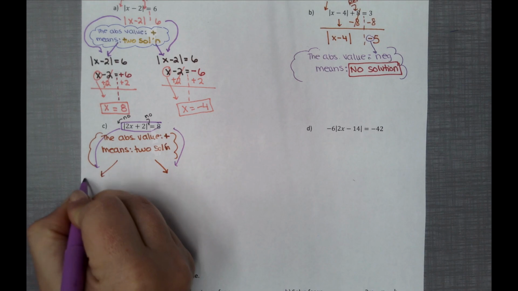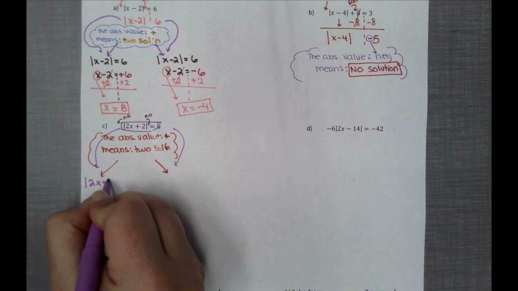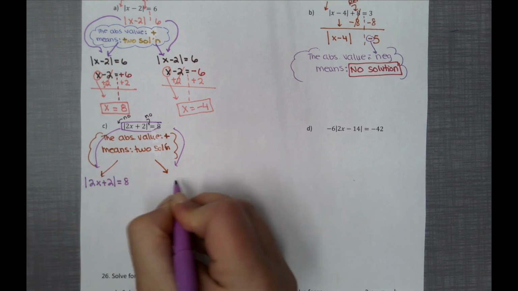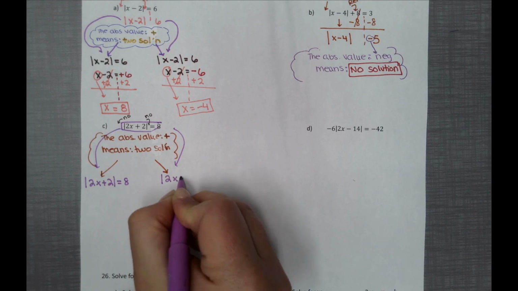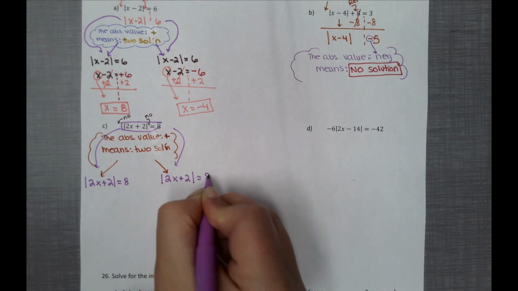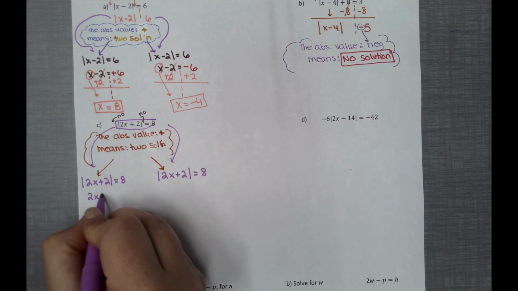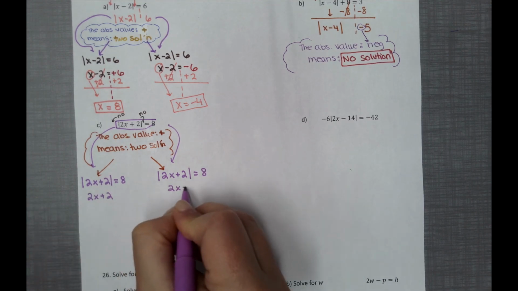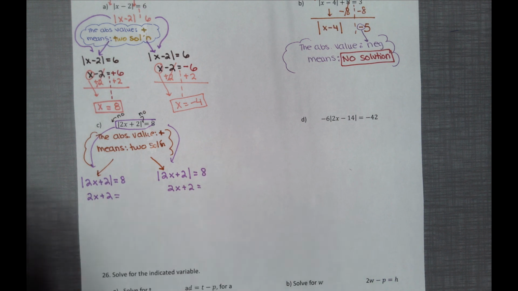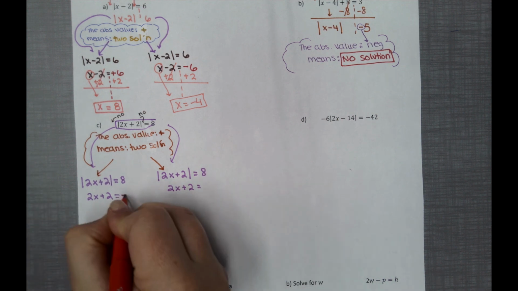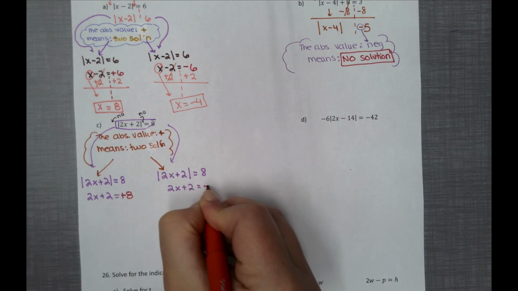Bring that down, I get absolute value of 2x plus 2, absolute value equals 8. Can I go inside someone's house when the door is locked? No. So that means you cannot change anything in this step. Drop your absolute value on both. Again, physical changes happen here. We're going to have a positive 8 and a negative 8.